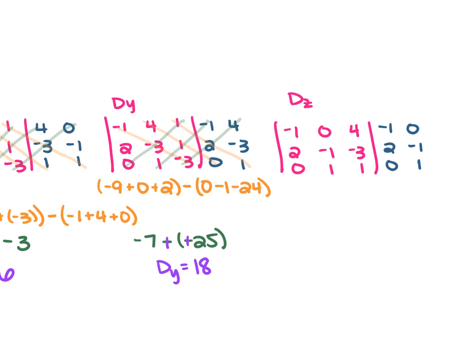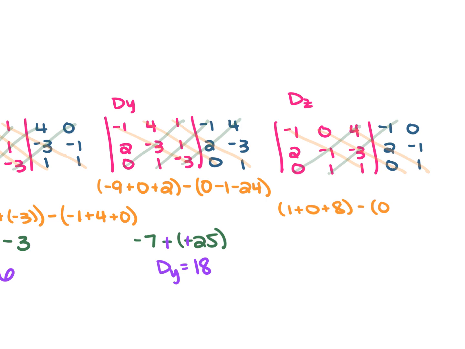Next we find d sub z. So we're going to start this one by doing negative 1 times negative 1 times 1. That gives us a positive 1. Plus 0 times negative 3 times 0, which is 0. Plus 4 times 2 times 1 is 8. Minus 0 times negative 1 times 4 is 0.